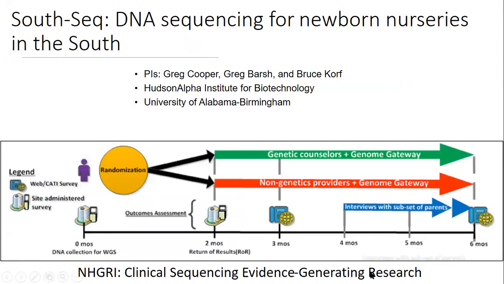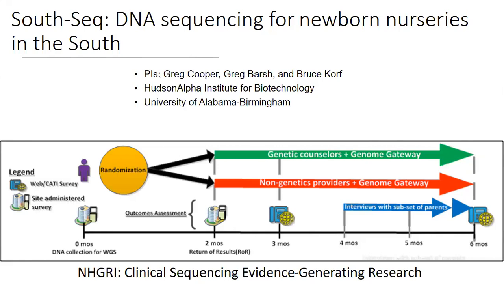Just want to mention, we have a project that we do with Hudson Alpha. We call it South-Seq. It's part of a NHGRI-funded CSER project. CSER is an acronym for Clinical Sequencing Evidence Generating Research. It's essentially designed to provide the evidence to validate genome sequencing. We're sequencing sick babies in the special care nursery, trying to establish diagnoses.